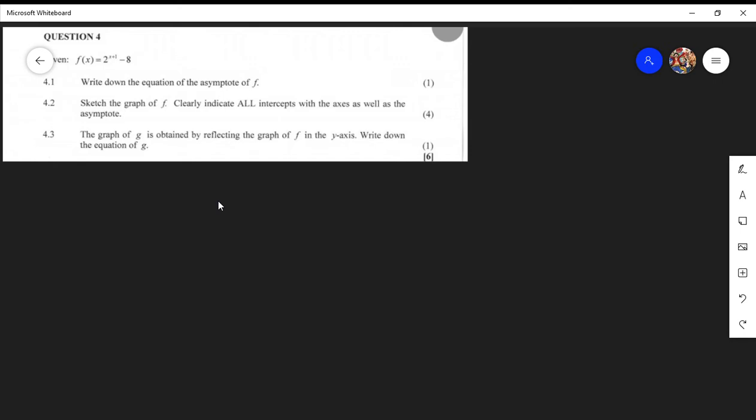The question says, write down the equation of the asymptote of f. As we can see, f of x is an exponential function, right?